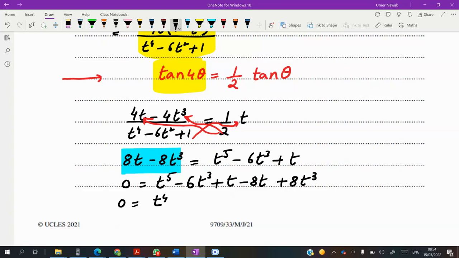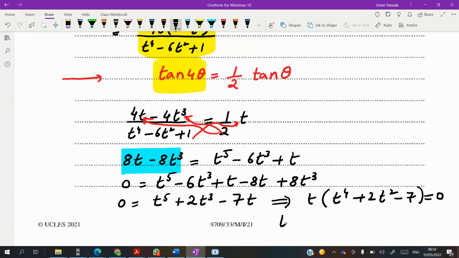So t power 5 plus 2t cubed minus 7t. Do we have something common? t is common, so I'm going to get t power 4 plus 2t squared minus 7 is equal to 0. Either t is 0 or t power 4 plus 2t squared minus 7 is equal to 0.